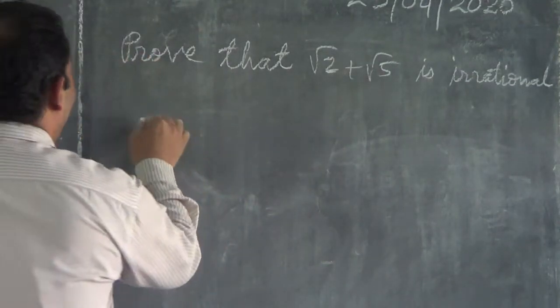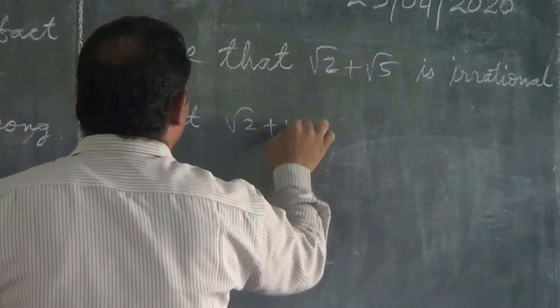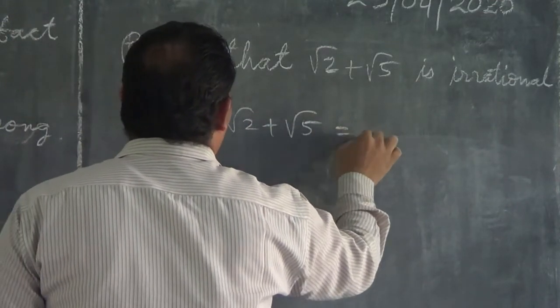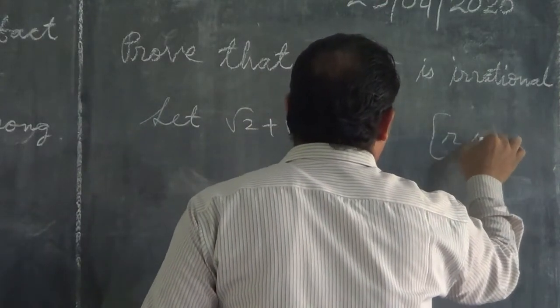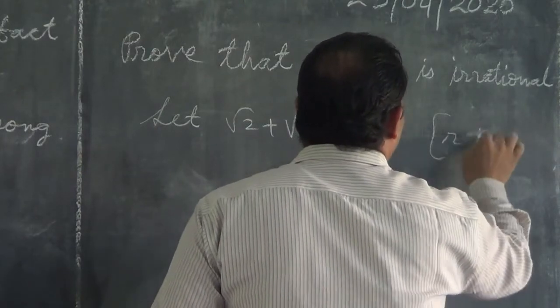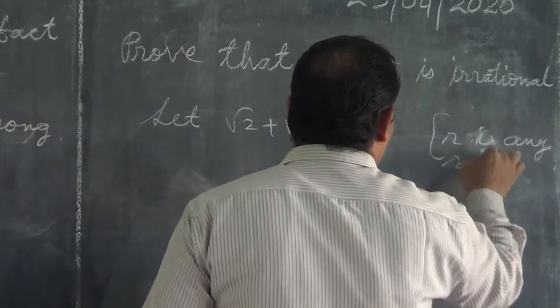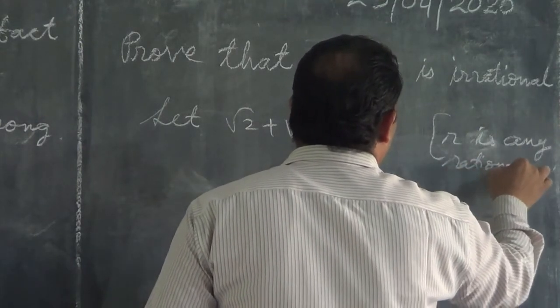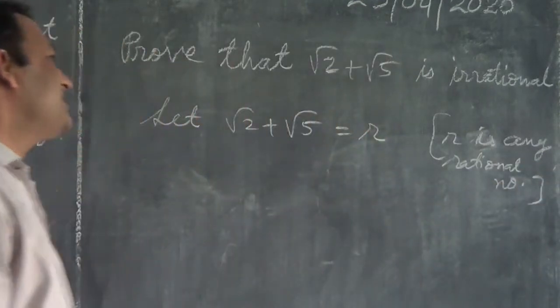We can write let root 2 plus root 5 equals r. So here I will write r is any rational number. That is r is rational.